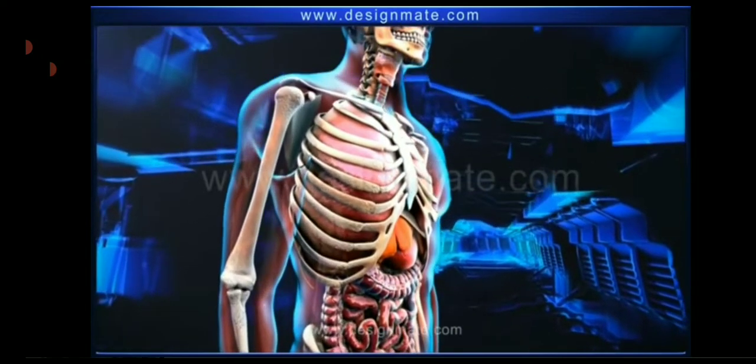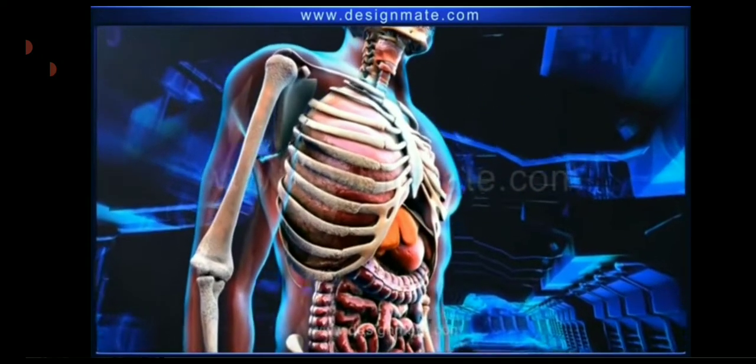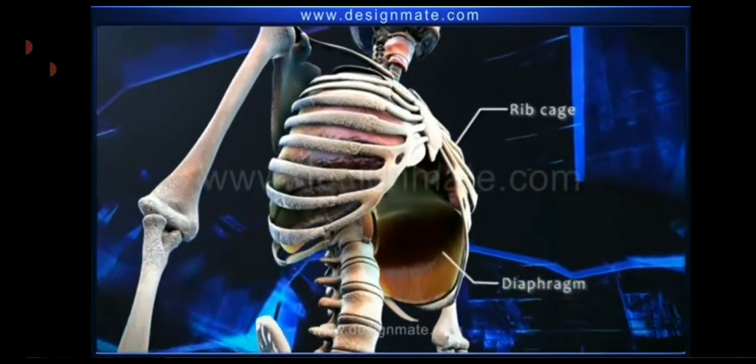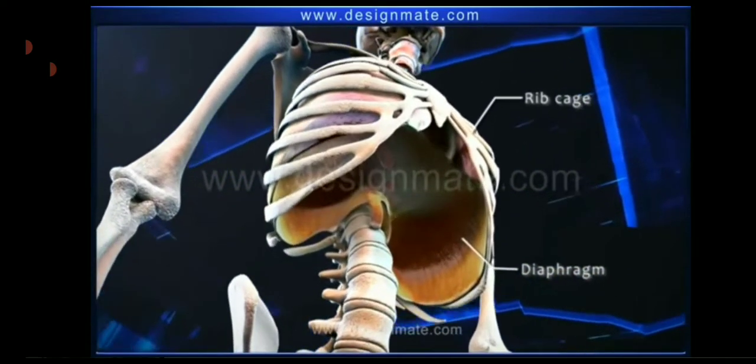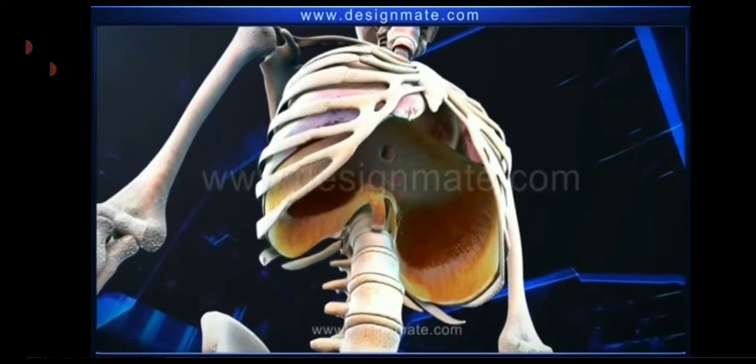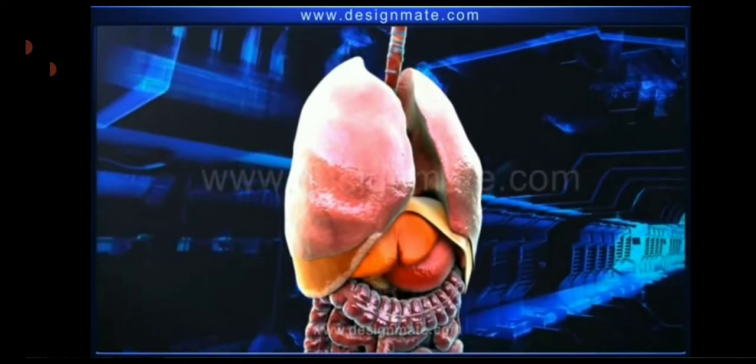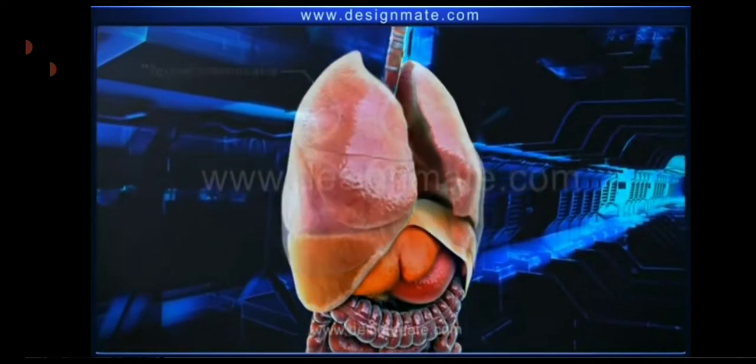In the thorax region, the ribcage and a dome-shaped fibrous tissue known as the diaphragm are observed. Present within the ribcage are the pleural membrane, which includes the lungs.